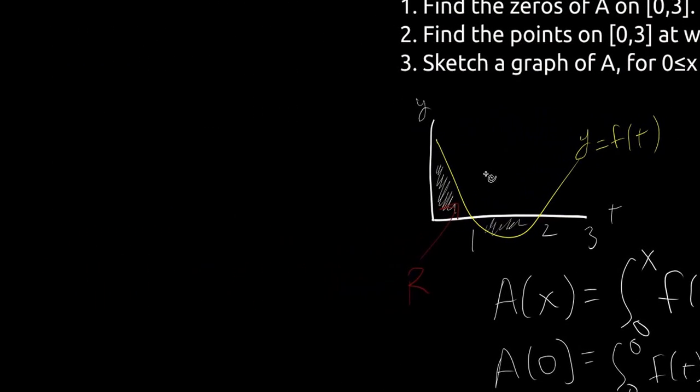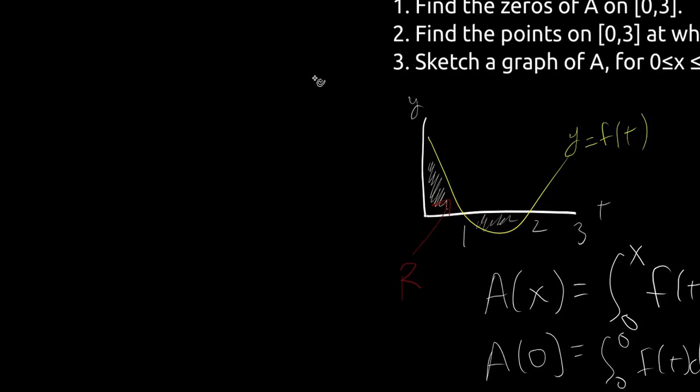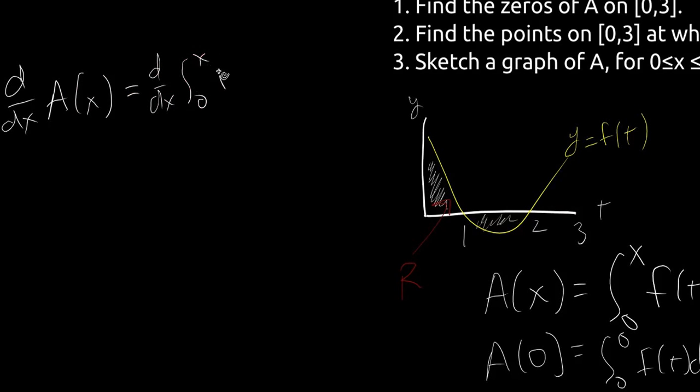Here we're going to use the first derivative test and the fundamental theorem of calculus. So what did the fundamental theorem of calculus say? Well, the first part was that the derivative of the area function with respect to x is that integrand f.